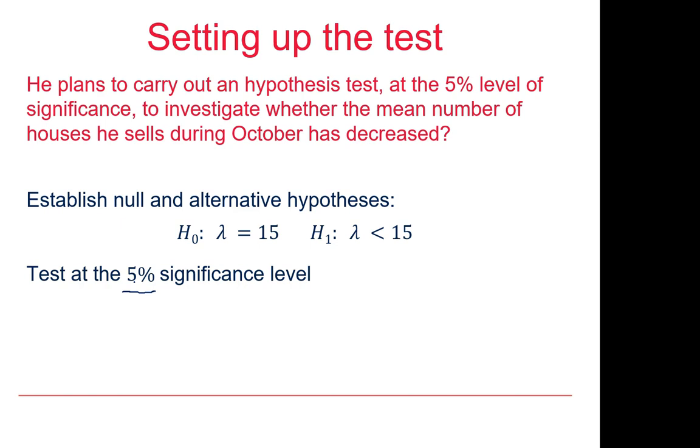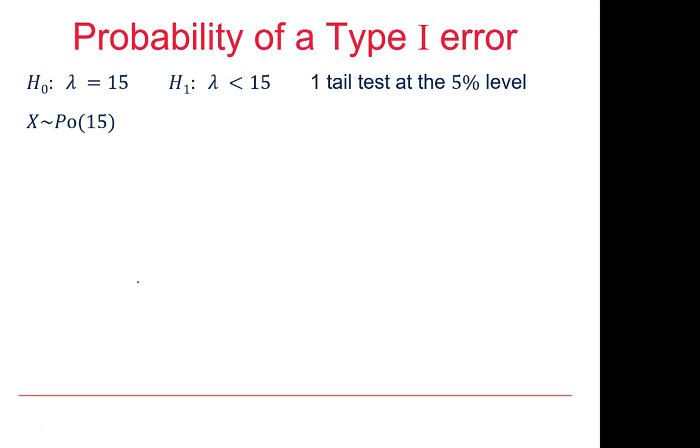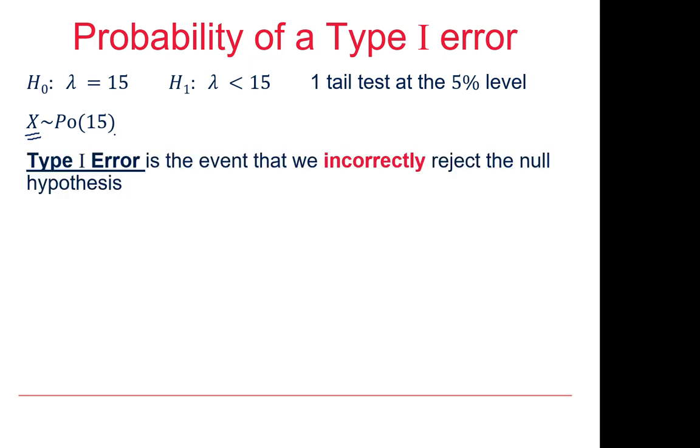So how can we investigate the probability of a type 1 error with this particular test? This is the setup for our test, and our random variable, the number of houses sold in a month in October, follows a Poisson distribution with lambda equals 15. We want to find the probability that we incorrectly reject the null hypothesis.